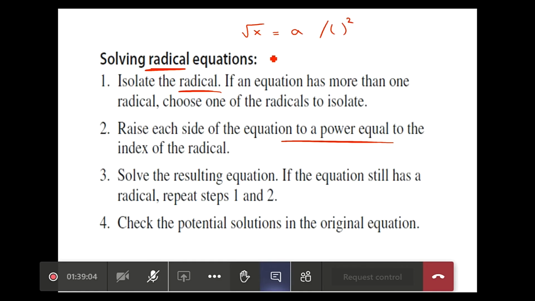If we have the cube root of x equals a, take both sides to the power 3, and so on. Now, after that, we must check the radical, because radicals, especially square roots, must be checked.